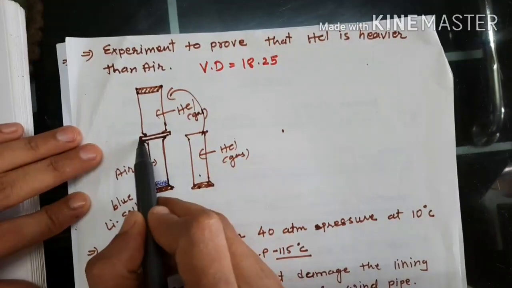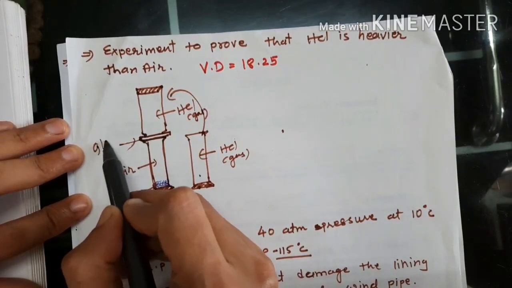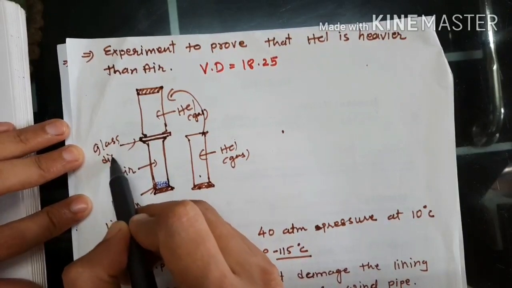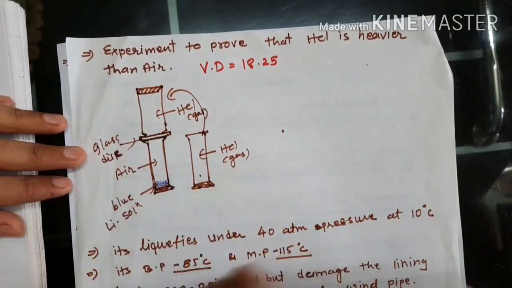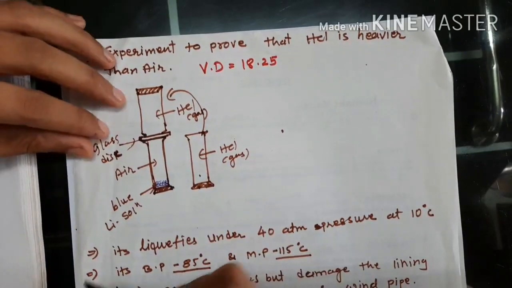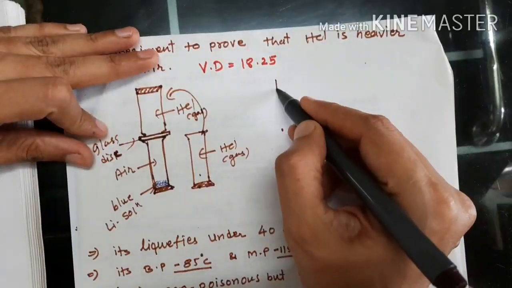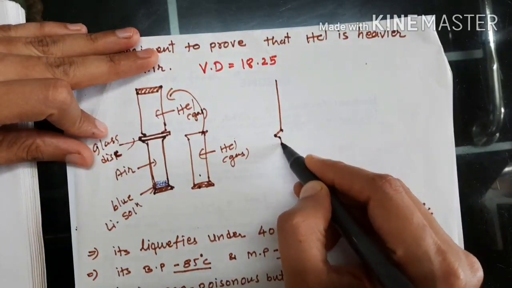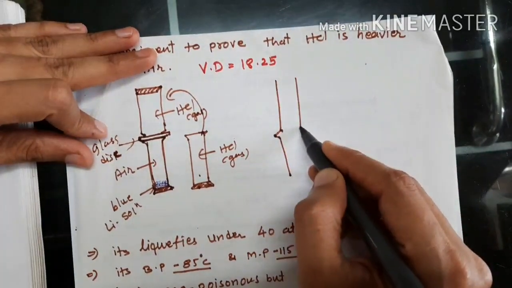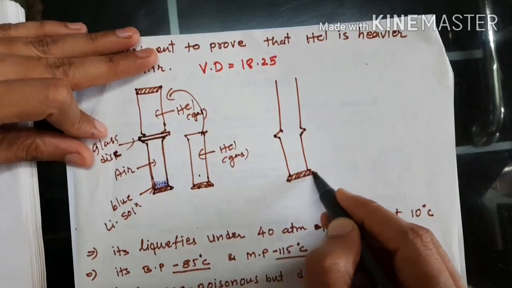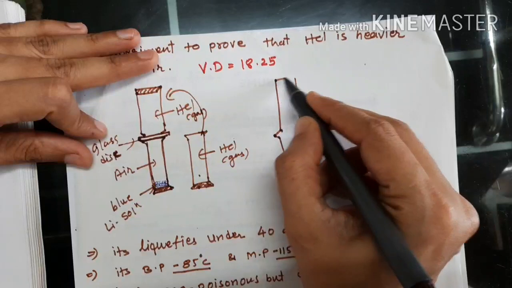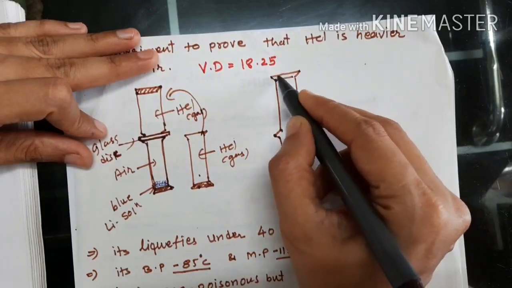Now we take out this glass disc. After taking out the glass disc, it seems like this. The downward gas jar has air present in it.